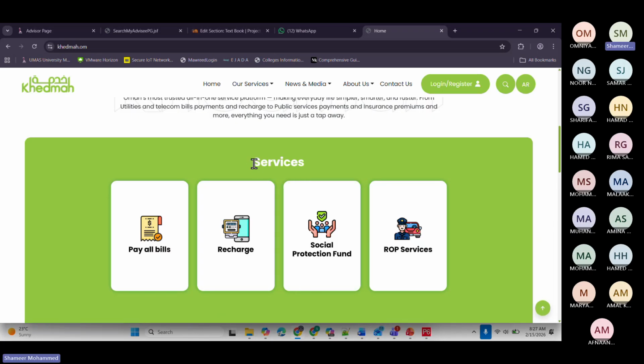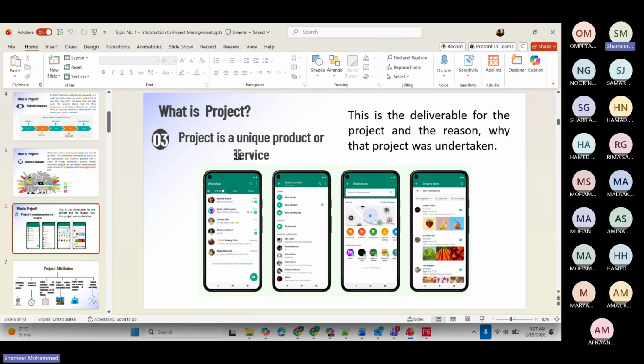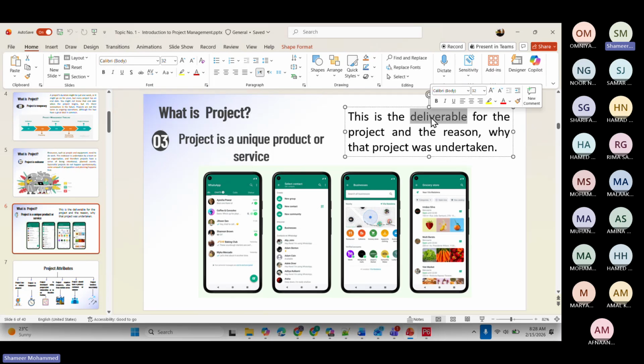So this is the one which you are doing. You understand now why you are learning this course: you are going to provide this type of services to the customers. That is what this one, service. So this is what we are going to deliver to the customer.